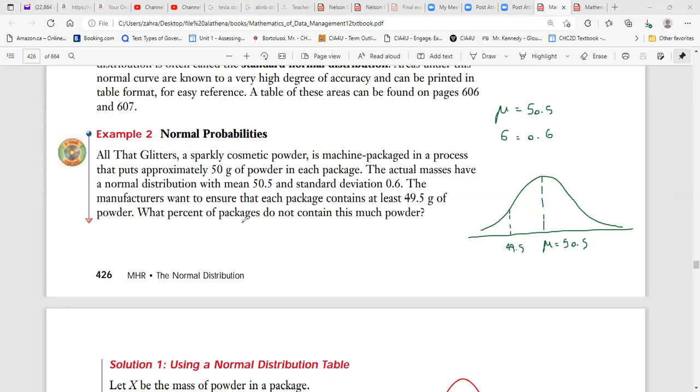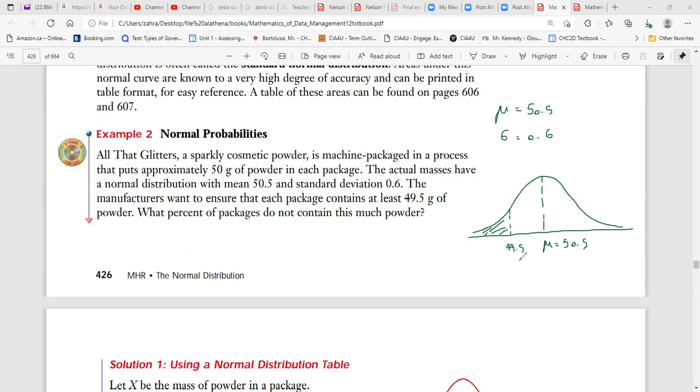The question asks what percent of packages do not contain this much powder. This area is not acceptable, because it is less than 49.5, less than what we expect. So I want to find this area.